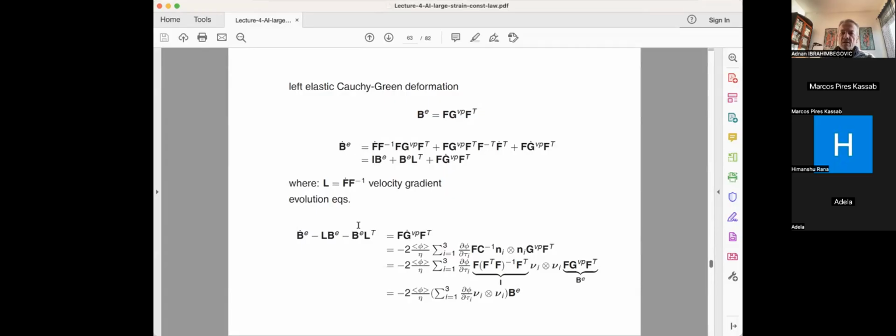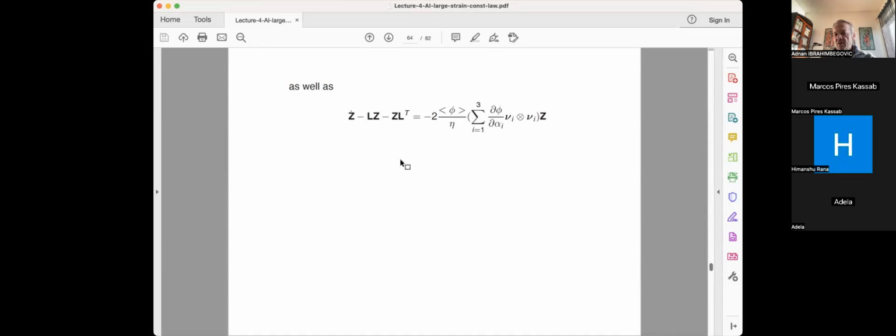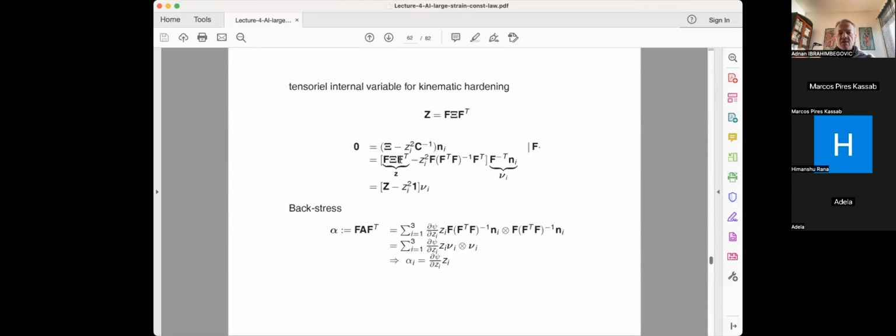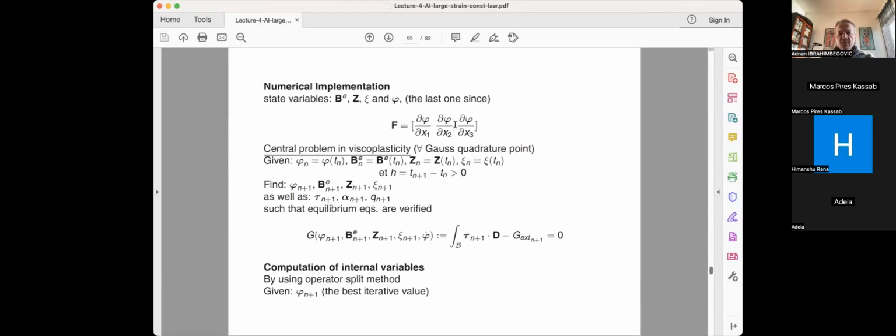Here you have to do it, pulling it back to the initial configuration, taking the derivative, and then pushing the result forward to the deformed configuration. And then you get this corresponding evolution equation here. You have to do the same thing for the backstrain Z that we just introduced before, which was transformation of this material description of Xi to the deformed configuration.